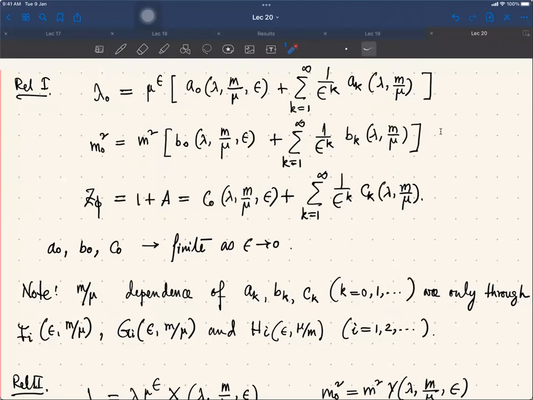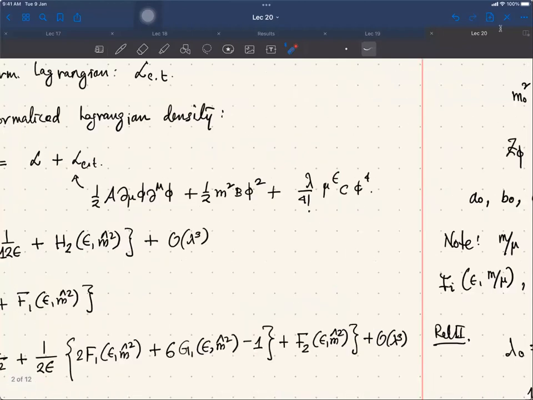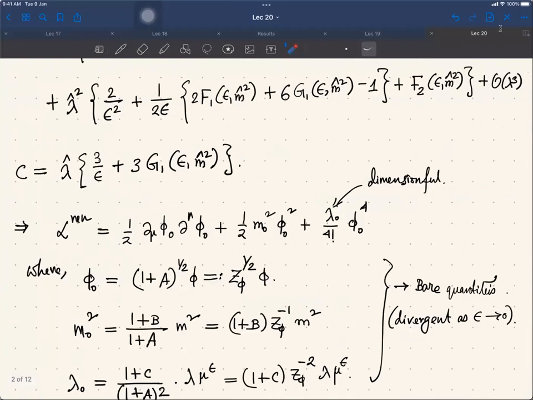Let us first recall the general structure of this Lagrangian. This is the renormalized Lagrangian, which is given by L plus L counter term.